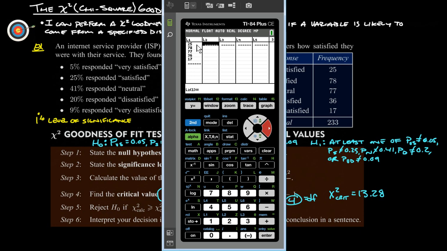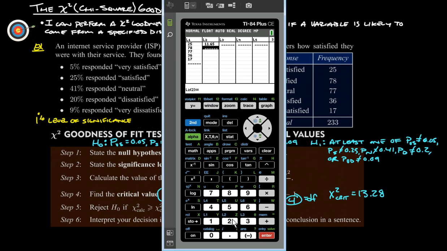Okay, so there's 233 possible. It was nice because they actually added these all up for us. We expect 5% of those to be in this top column, so we're going to do 233 times 0.05. So we expect 11.65 to be in the very satisfied.